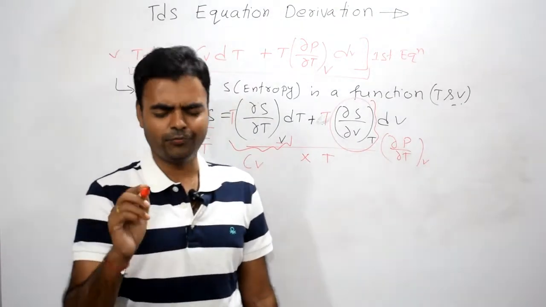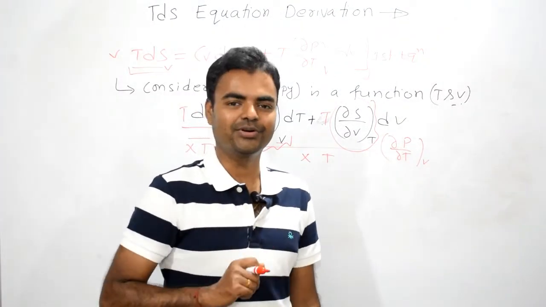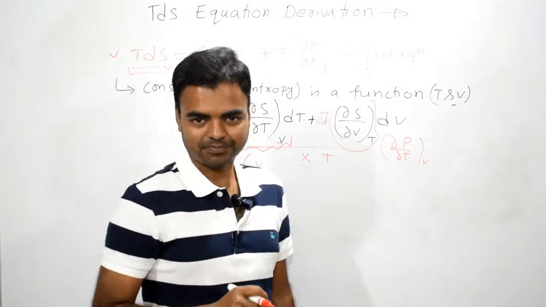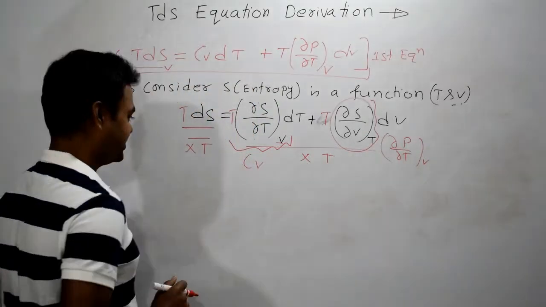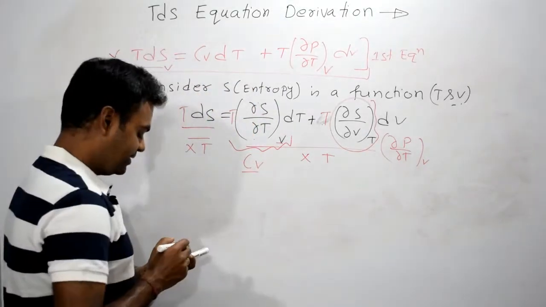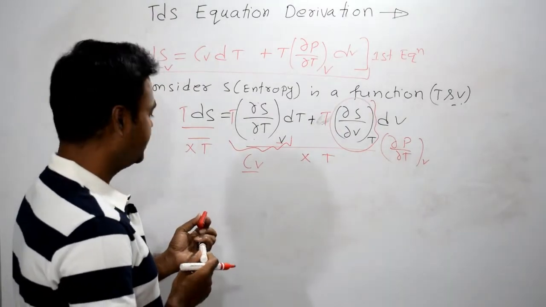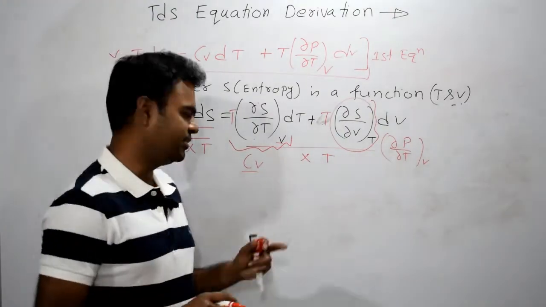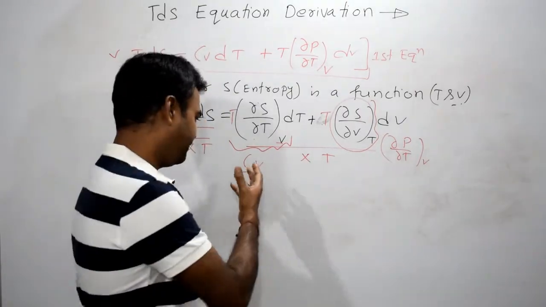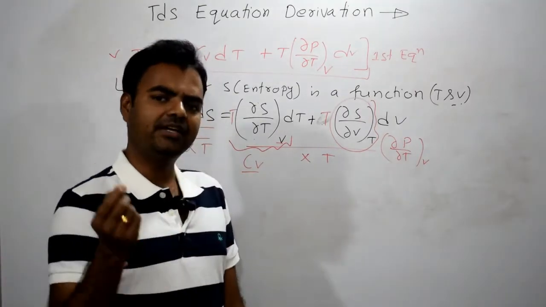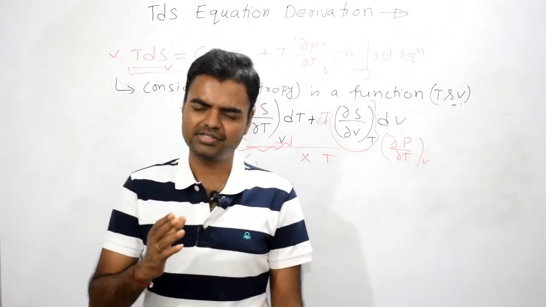Please tell that. Obviously that is also important for us to know. So let's talk about this. What is Cv? Specific heat at constant volume. That is why it is written V. If it is written Cp, then it is specific heat at constant pressure.